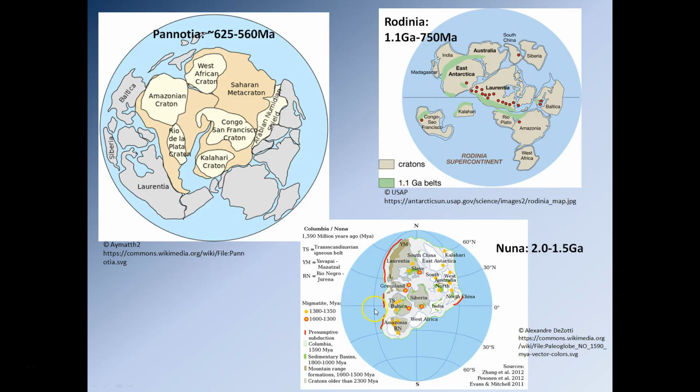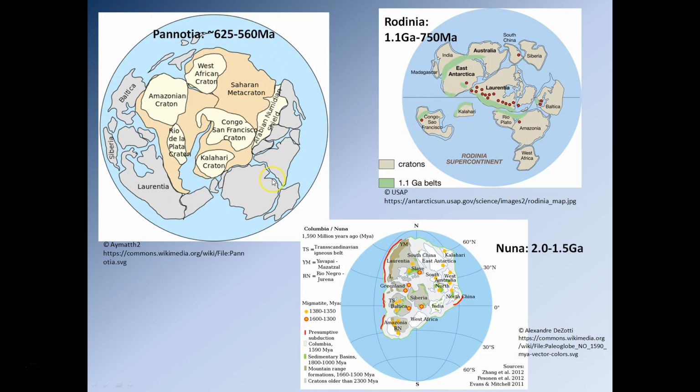So these are our supercontinents here. Here we have Nuna down here. From the evidence we have, it would seem that Nuna pretty much consisted of all of the available pieces of continental crust that were around at the time. Then we have Rodinia up here. Once again, we can see that the vast majority of the continents were part of Rodinia. There were some outliers though, so it wasn't a complete supercontinent.